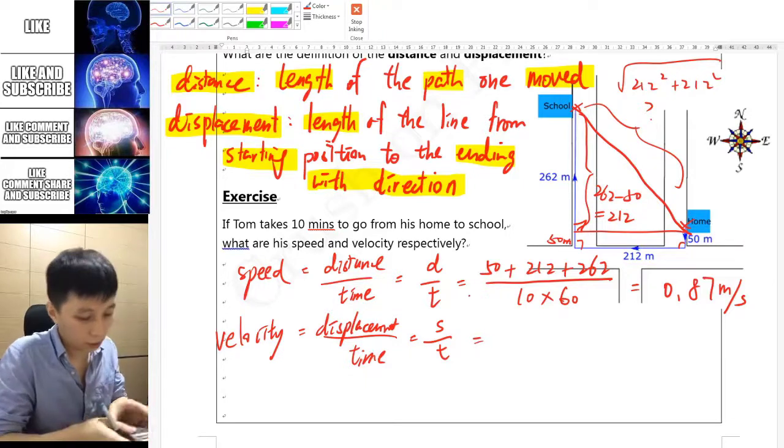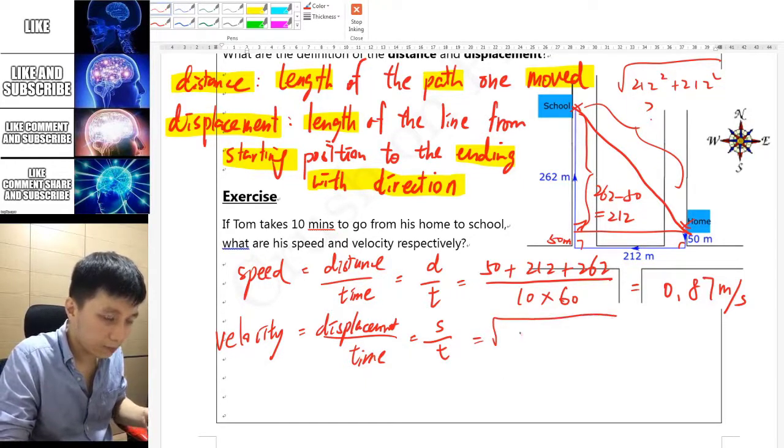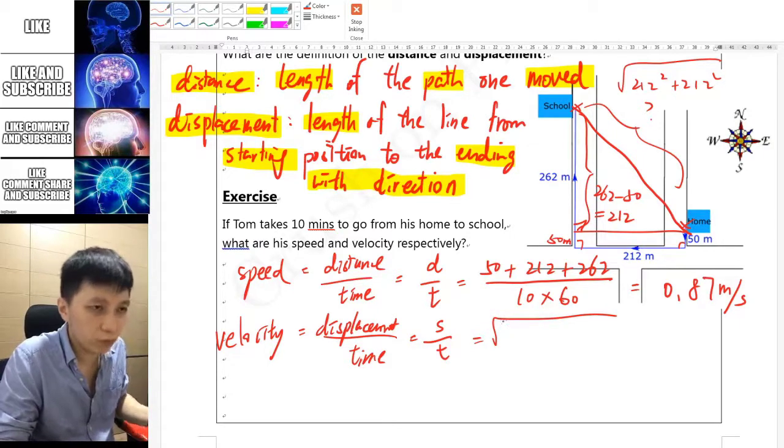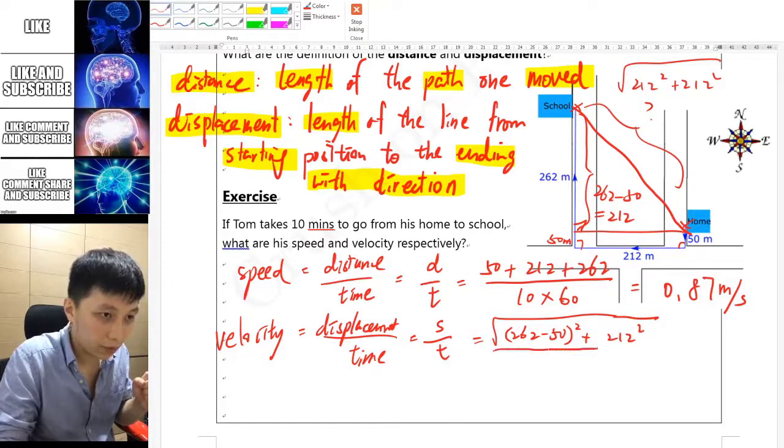If you use your calculator, you can find that out, or I can actually write it here. And if you want really good presentation, then I'll do 262 minus 50 squared plus 212 squared.